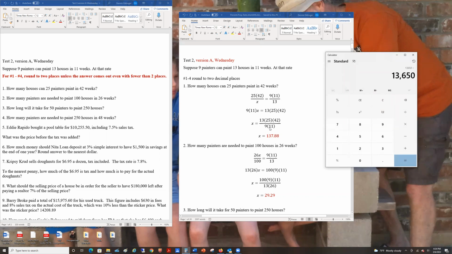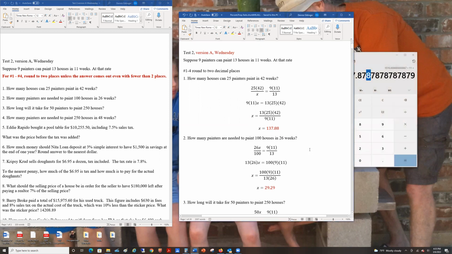Or, 9 and 11 aren't bad, 9 times 11 is 99. You can divide it by 9 and then divide it by 11, and you wind up with 137.8787. We're supposed to round to two places, so that would be 88, because the 8 in the third place is big enough to bump the 7 up to an 8.